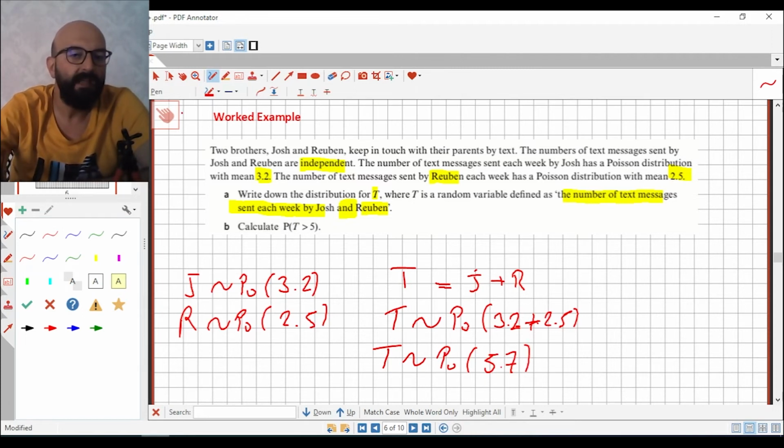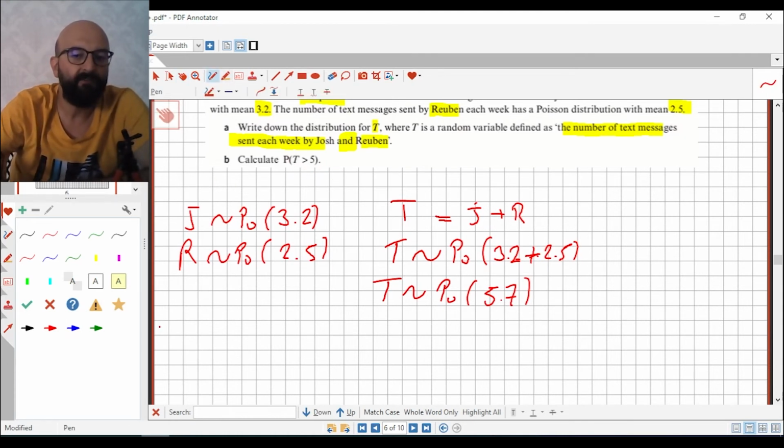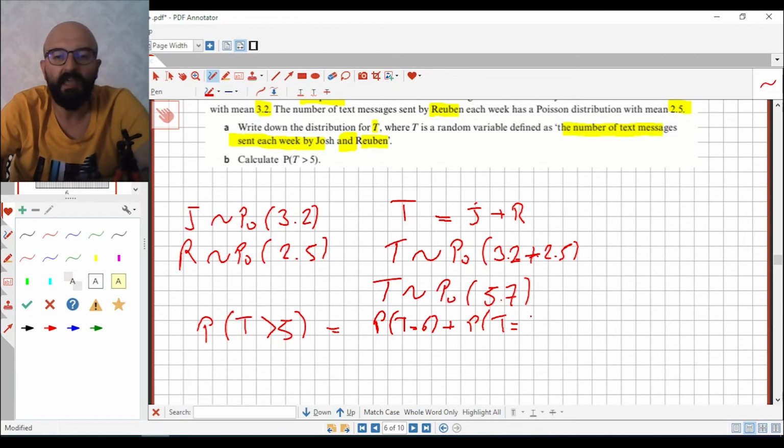And calculate the probability of t greater than 5. Please remember that the Poisson distribution is a discrete distribution. So the probability of t greater than 5 means the probability of t equals 6 plus the probability of t equals 7, and so on to infinity.